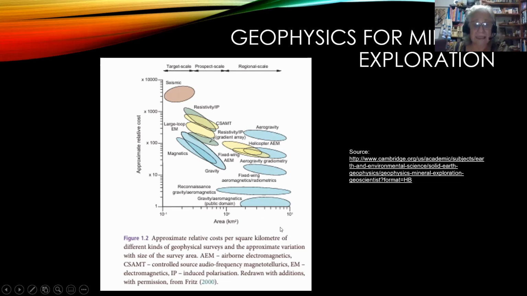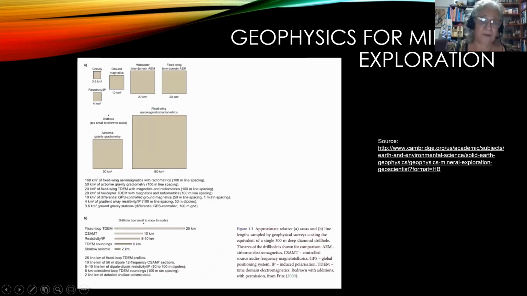So we see that the gravity and aeromagnetics, public domain, are the least expensive methods that cover a big area, also followed by the reconnaissance gravity and aeromagnetics, and the most expensive is the seismic. Here I don't think they have the UAV yet, but it would be good to have the UAV here too because it's a very cost-effective way of surveying.